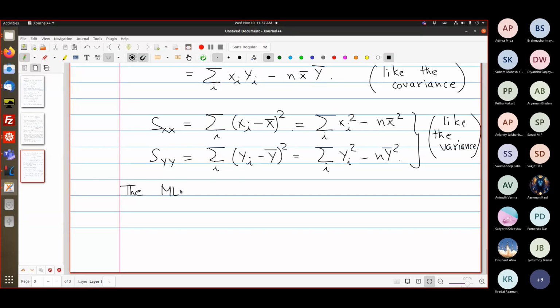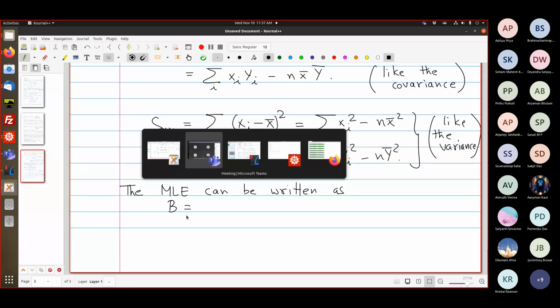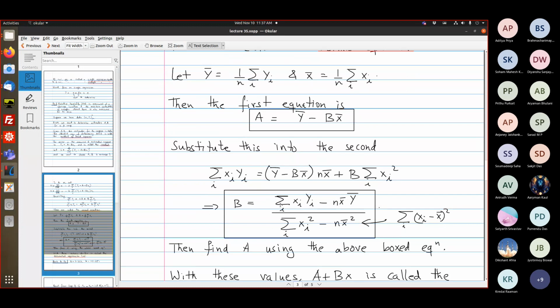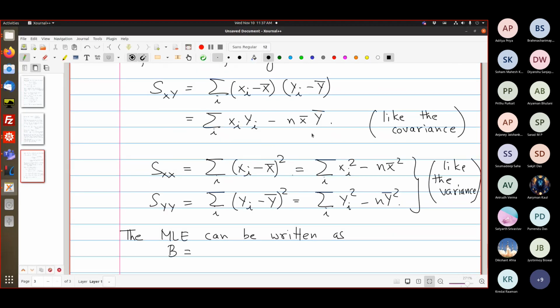Then the MLE, or least squares estimator, can be written as what? Let's first write B. B was the sum of xi yi minus n x bar y bar, which is exactly this quantity.